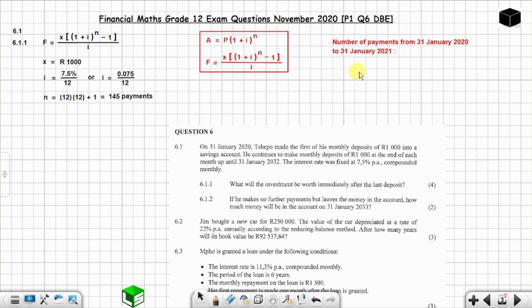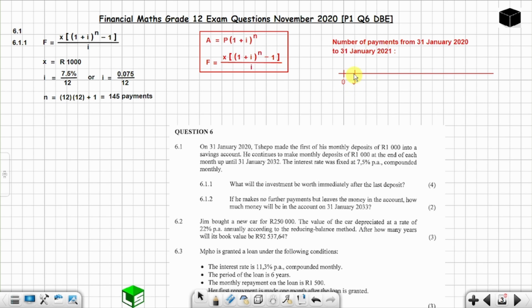Let me use a number line so that we can count together. Let's start from here and call it 0. We start with 1st January 2020 and 31st January 2020. Let's call it end of January. I'm going to put J.